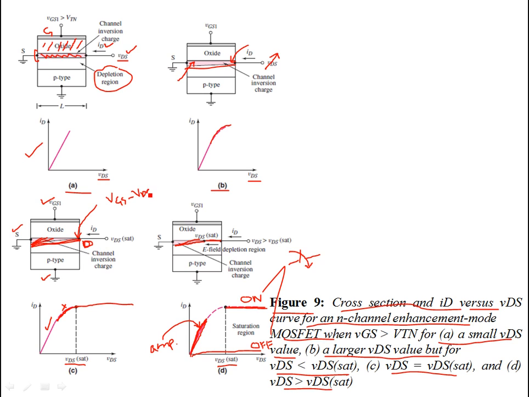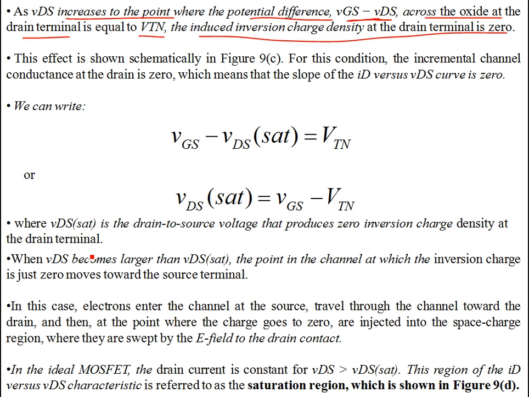If you recall, threshold is the minimum voltage VTN required to establish the channel. If you have reached the threshold, there is no channel. This is exactly what is going on at the drain terminal. So if VGS minus VDS sat has reached VTN, the induced inversion charge density at the drain terminal is 0. This is what it means.